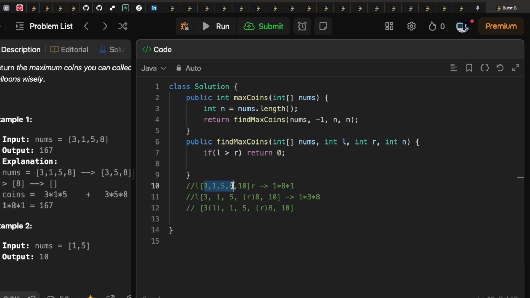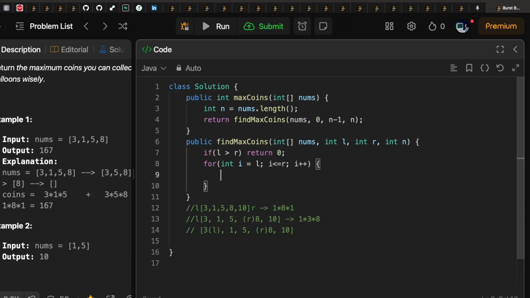So we have to burst one of the balloons. So let's take 0 and n minus 1 here. So int i equals left, i less than or equal to r, i plus plus, which means we are bursting the ith balloon.